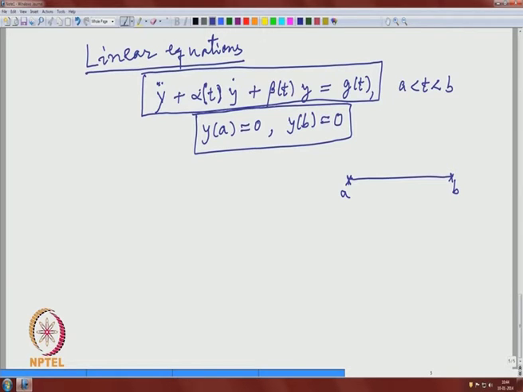Let me put some numbers. So, this is equation 1, this is equation 2. So, alpha, beta, g are continuous functions, some minimum hypothesis, defined on this closed interval a b.